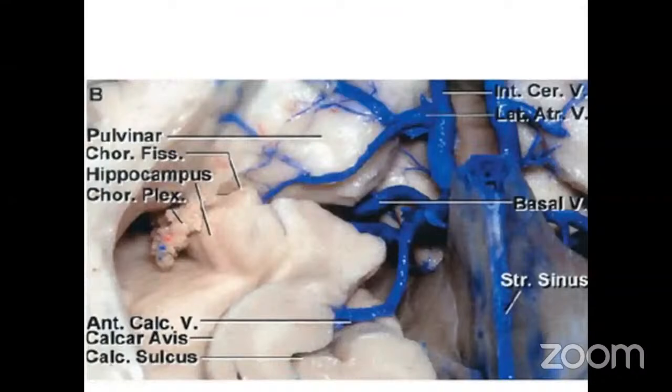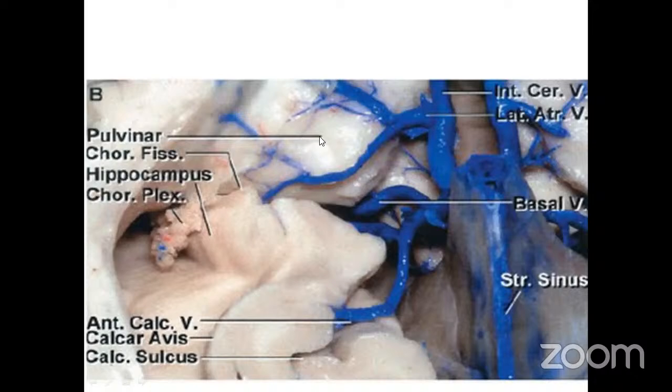This is an enlarged view of the previous diagram. We can see the internal cerebral veins and the basal veins. The lateral atrial vein drains into the internal cerebral vein. The internal cerebral and basal veins join to form the vein of Galen, which continues as the straight sinus.